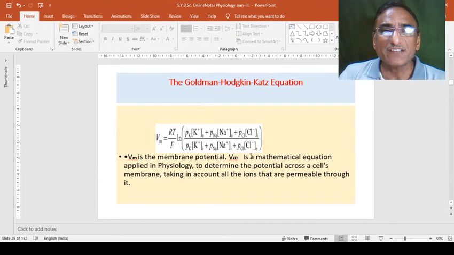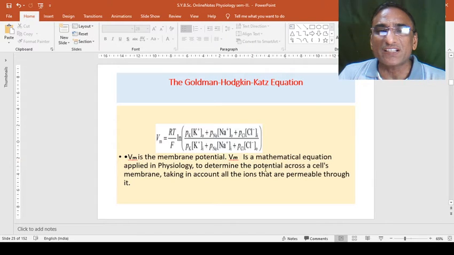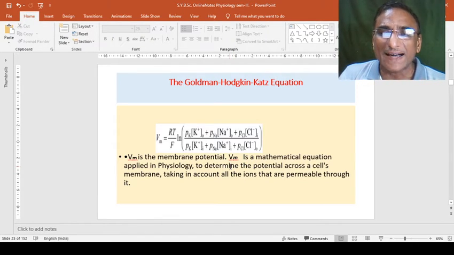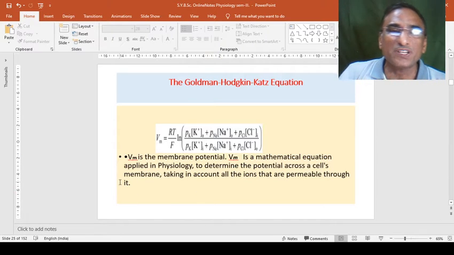In that equation, Vm is the membrane potential which we have to calculate or study here. It is a mathematical equation applied in physiology to determine the potential across a cell's membrane, taking into account all the ions that are permeable through it. That means the ions which move passively can be used to calculate the membrane potential.